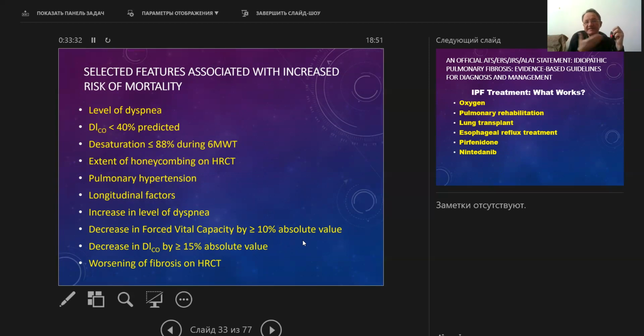We can check desaturation. It's a very high risk factor of mortality in a patient with pulmonary fibrosis.